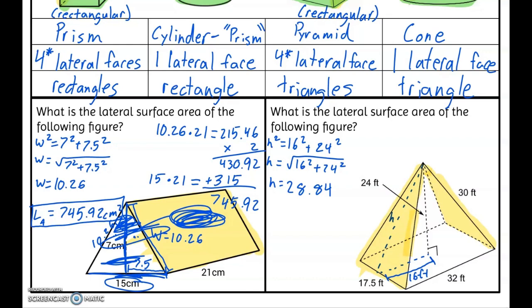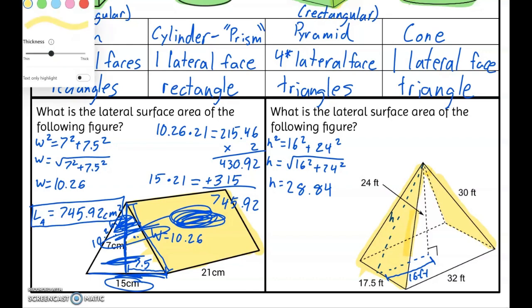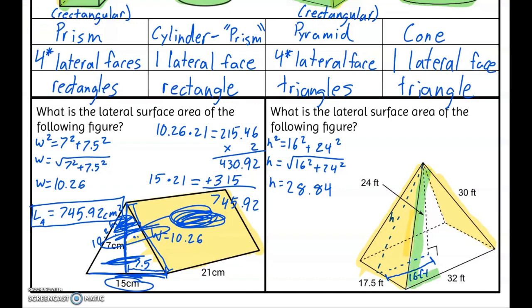Well, now that would only help me find the area of 2 of my lateral faces. So instead, I'm also going to have to find the area of these 2 faces. The triangle up in the front and the triangle way back here.